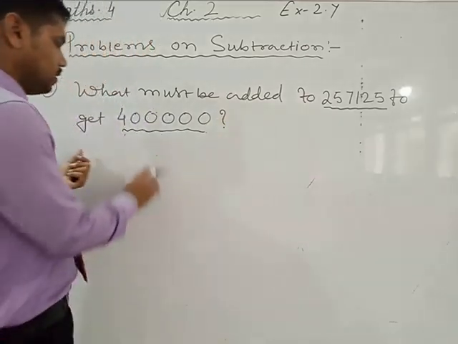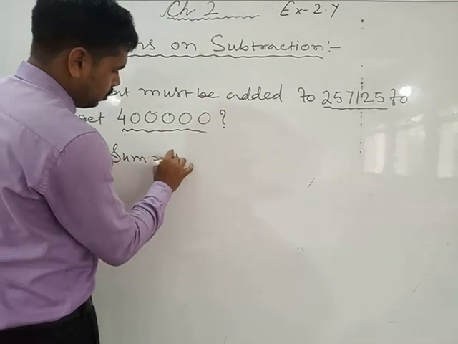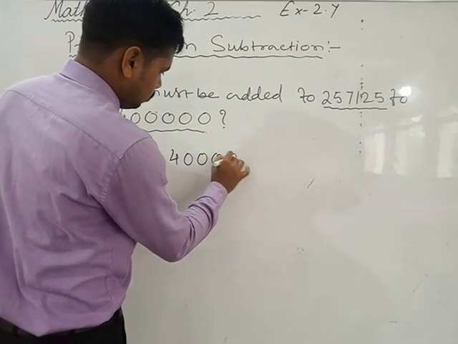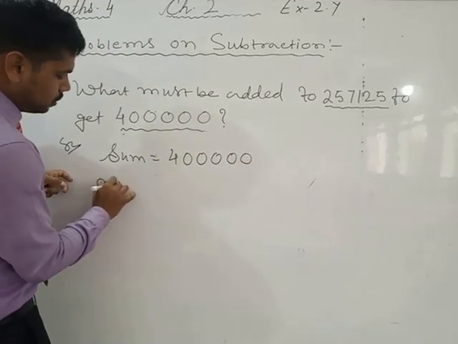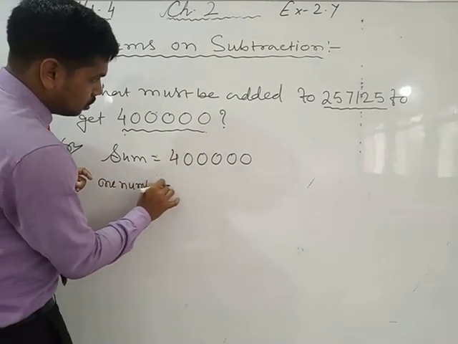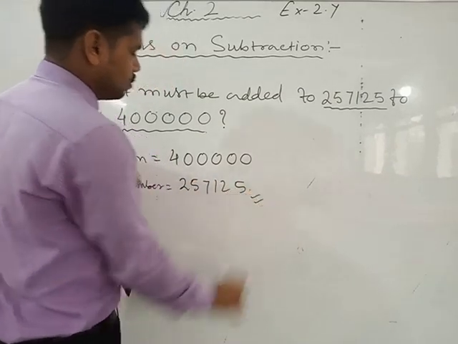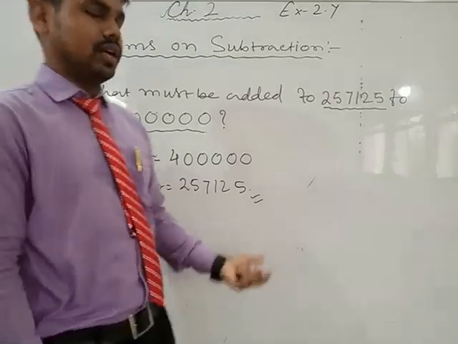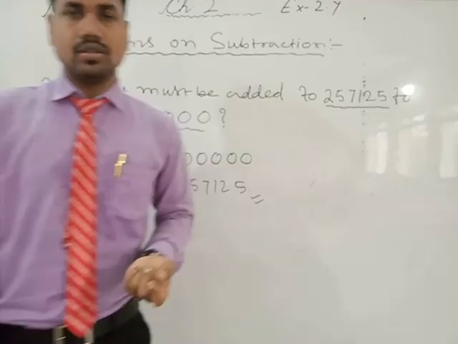So the sum is equal to this much, and one number is equal to 25712. I know now you can do it. The other number will be this minus this, and whatever the result is, that will be the answer.